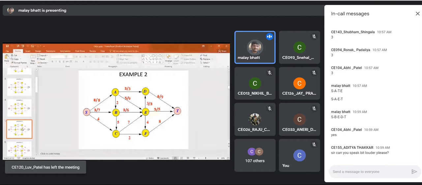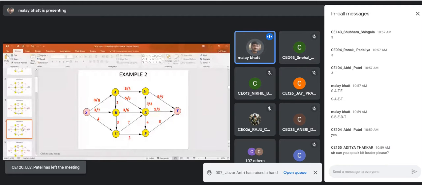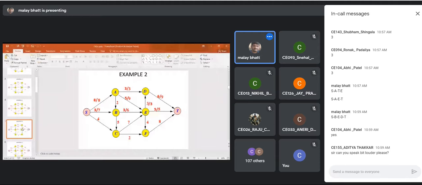And now you can see from E there are 2 outgoing arrows, E to D and E to T, and both are fully utilized.